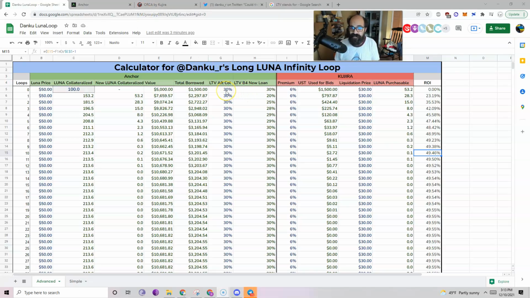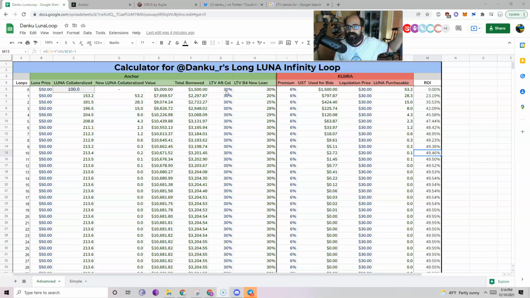Now you can do whatever LTV you want, 30%, 20%. Personally, I'm a 20% kind of guy here. 30% seems a bit risky given the current market conditions, but also, you know, Luna has been doing really well. You do you, all right? No recommendations from me, but you know, lower LTV is safer. That's what you need to know.